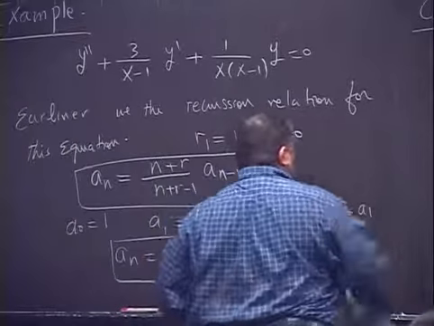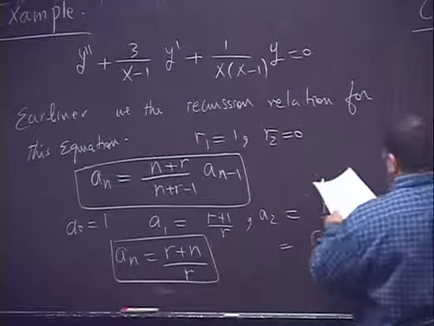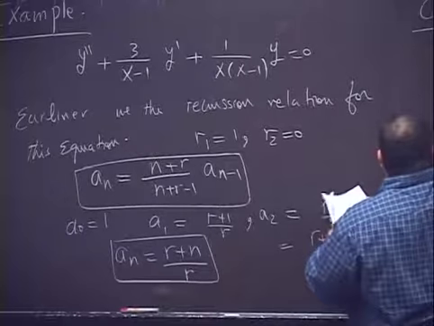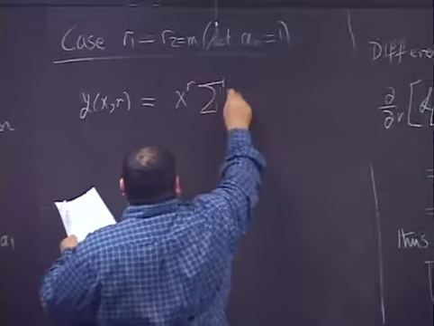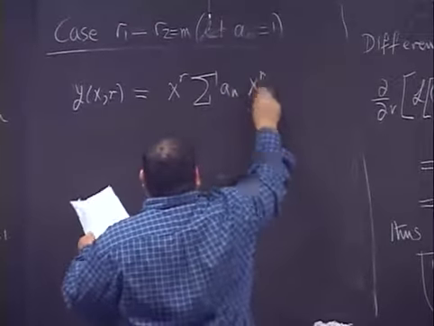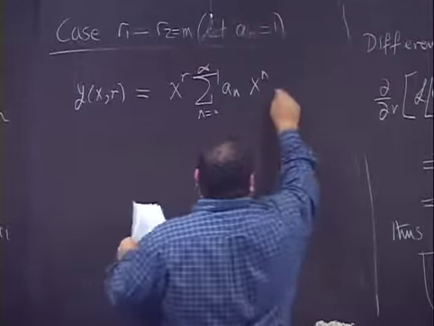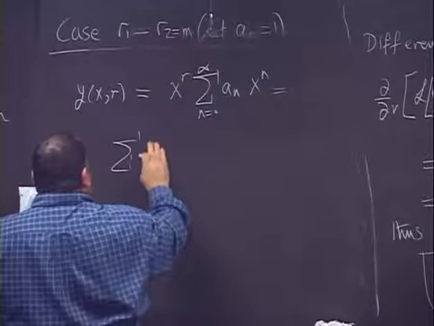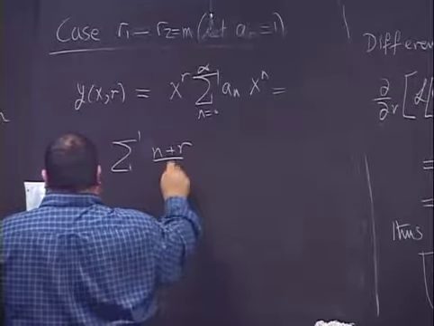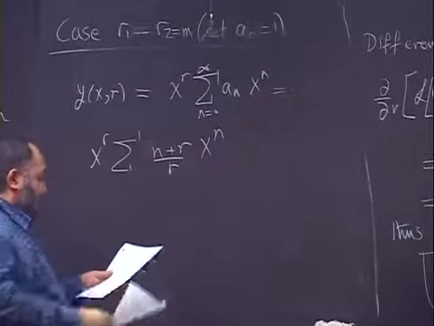So y of x and r is just x to the power of r summation of a_n x to the power of n from n equal to 0 to infinity, and this is just the summation of (n plus r) over r, x to the power of r multiplied by x to the power of n.